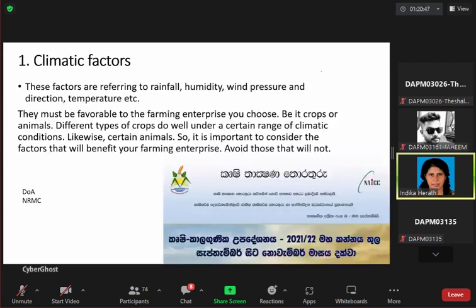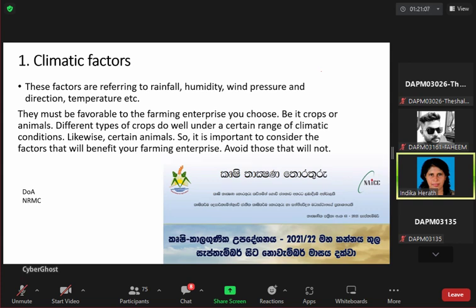Okay, so when it comes to climatic factors, where are we going to get climatic information? For example, when we talk about crops, there are crops that grow in certain environments.